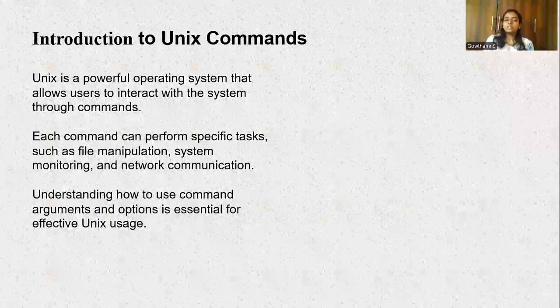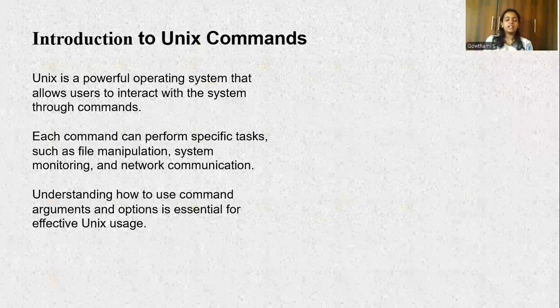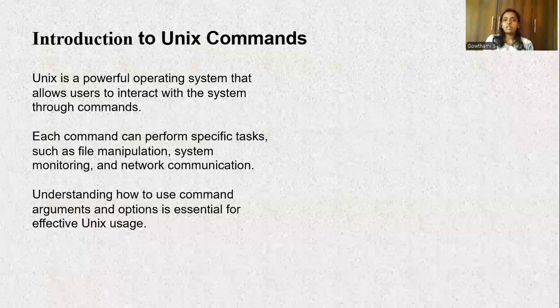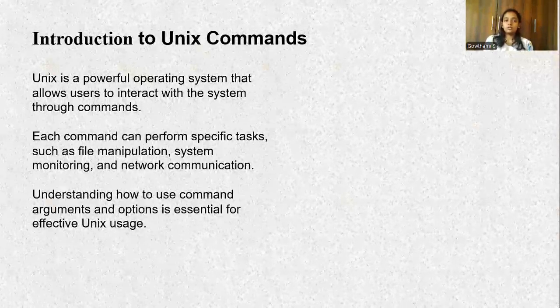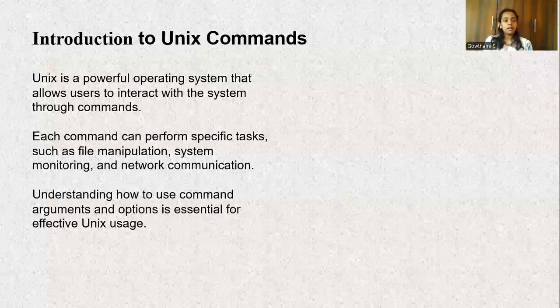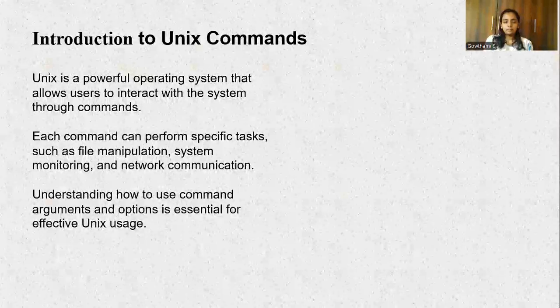So as we all know, Unix is an operating system which is based on commands, whereas in Windows and others we use a GUI interface where we just click and perform the required task. Unix is different from that, where you give a command for every single task which needs to be performed. So it is important for us to know about the commands which will be used, how we're going to manipulate the commands, and how we're going to merge the commands and use them all together.